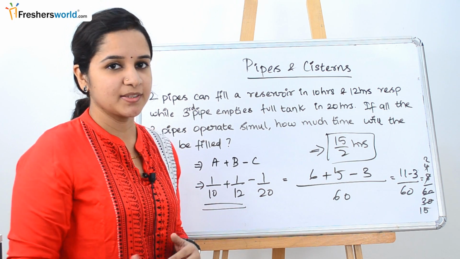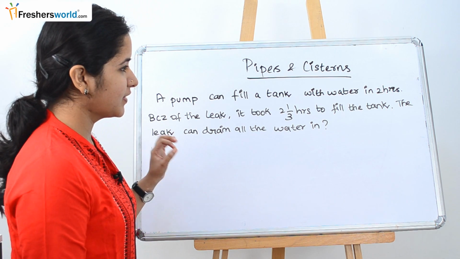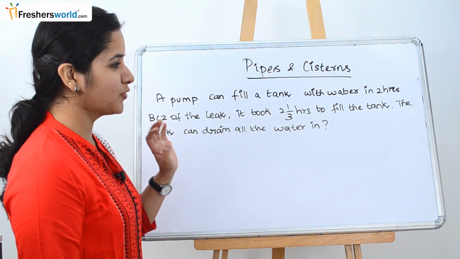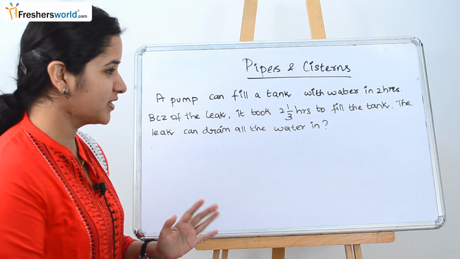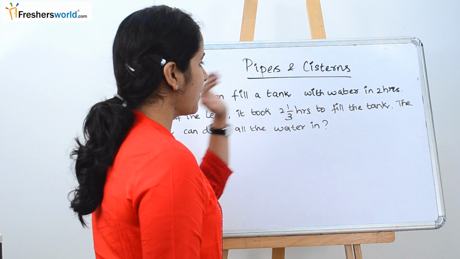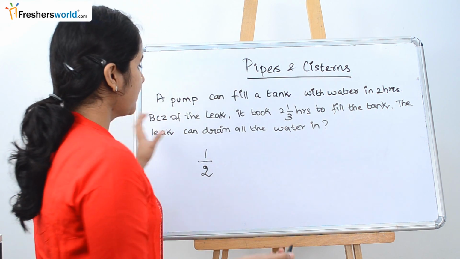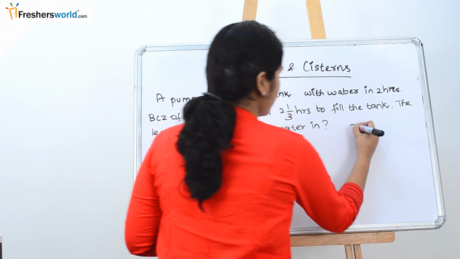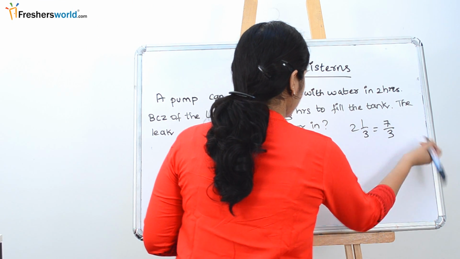So let's solve another sum. The next question is: a pump can fill a tank with water in 2 hours. Because of a leak, it took 2 1 by 3 hours to fill the tank. The leak can drain all the water in how much time? They are saying a pump can fill the tank in 2 hours, which is 1 by 2. Because of the leakage in the tank, it's taking 2 1 by 3, which can be written as 7 by 3.